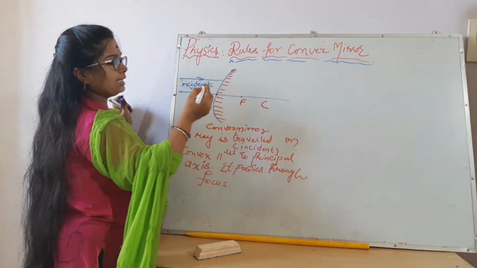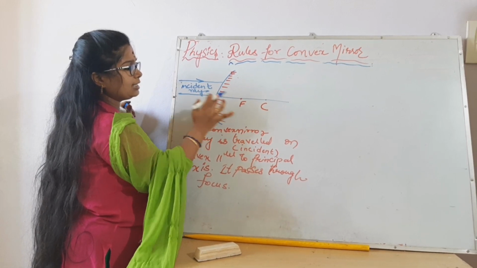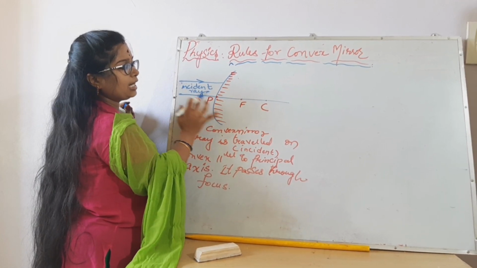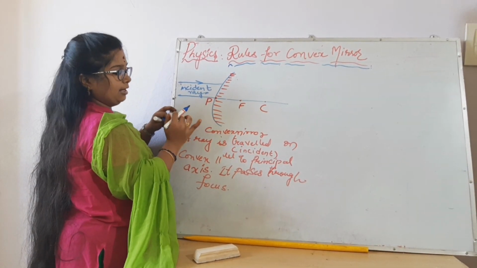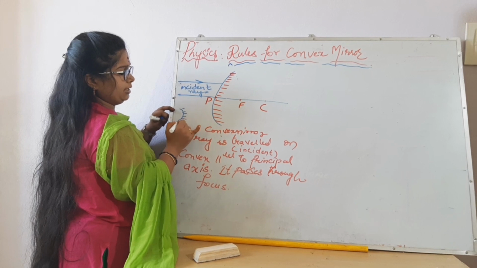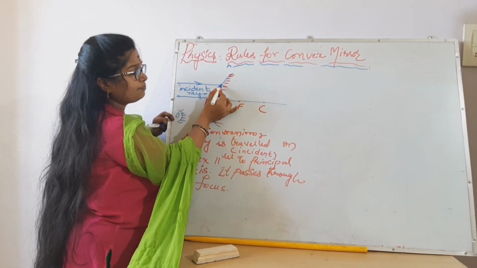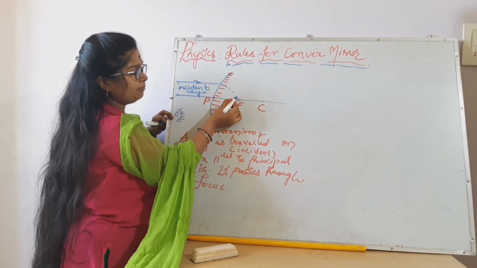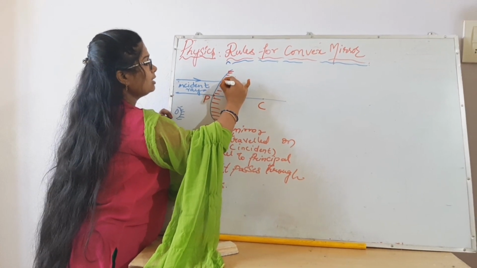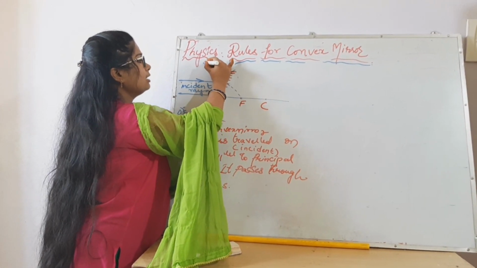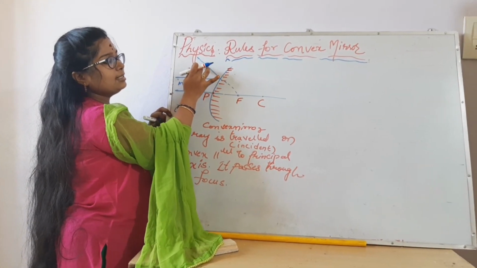So I said, when it travels parallel to the principal axis, if your eye is here, on the left side, it seems that the ray is coming from this focus. If you extend this line, you can see the line here.